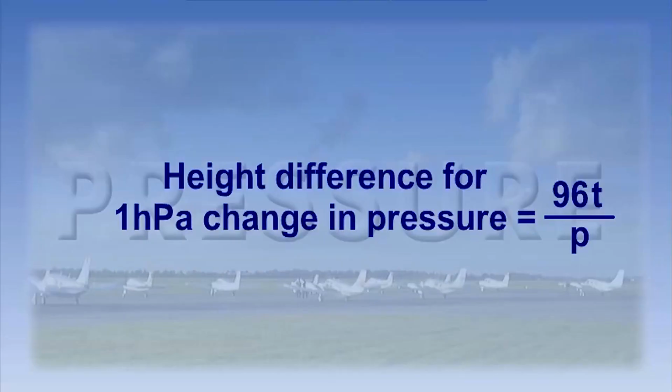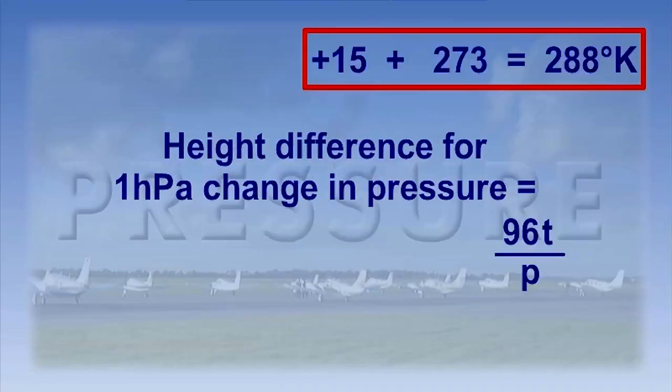Let's now see the result of input in the ISA conditions at mean sea level. For the value of T, remember ISA states that at sea level the temperature is plus 15 degrees Celsius. To convert to Kelvin, just add 273 to this value.